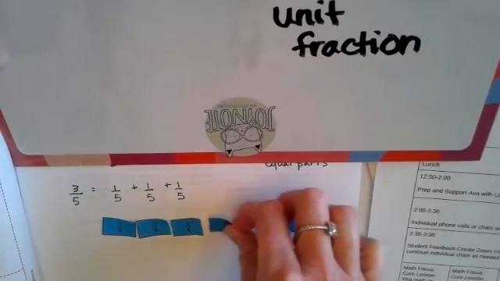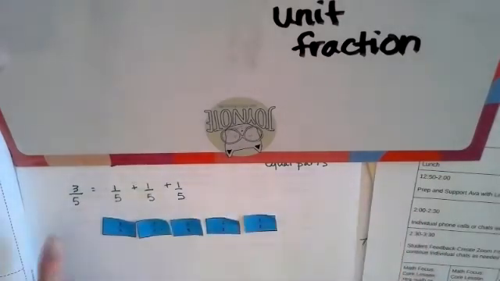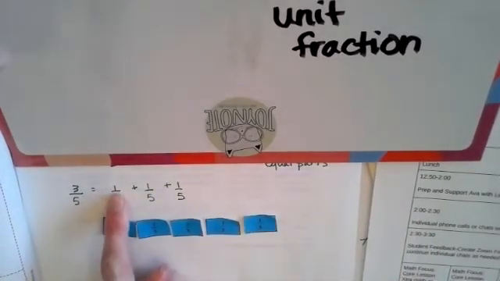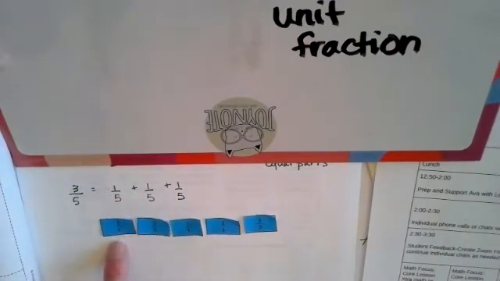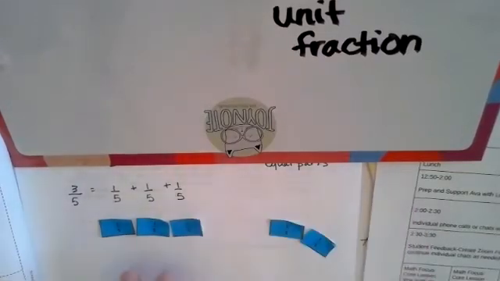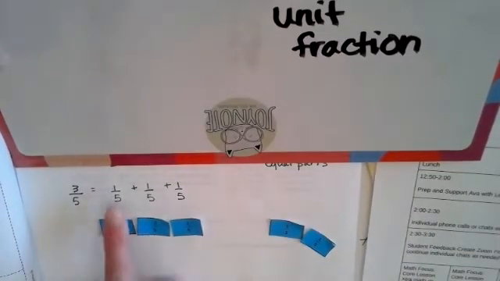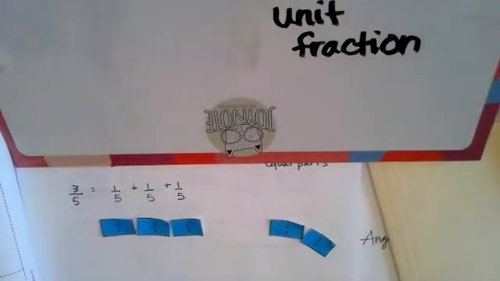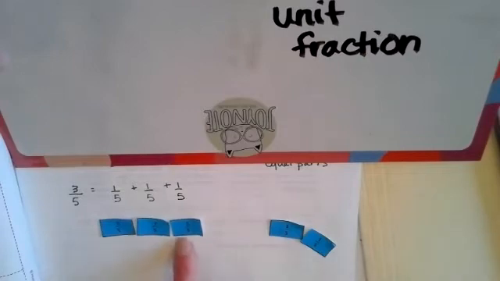If my learning target is that I can write a fraction like 3/5 as a sum of unit fractions, I could think of it as 3/5 looks like this. I'm going to separate these out. This is 3/5. That is the same as 1/5 plus 1/5 plus 1/5. Okay, 3/5.